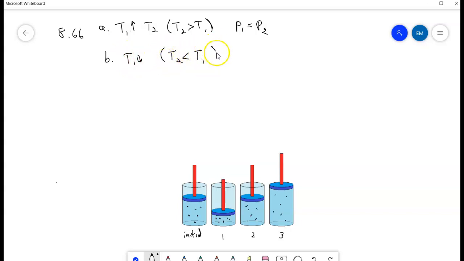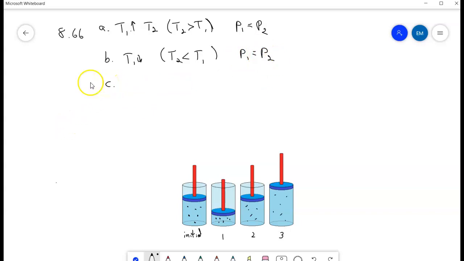These are absolute temperatures, Kelvin temperatures. So they're all positive, so they go from 0 on up, or from whatever they are on down, whichever the case may be. Pressure does not change. P1 is equal to P2.